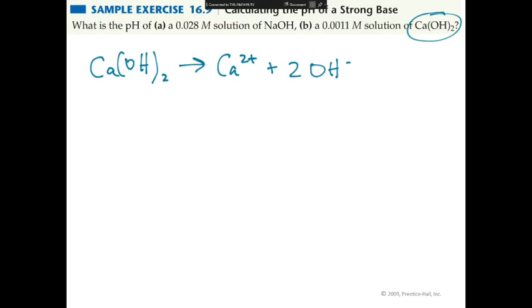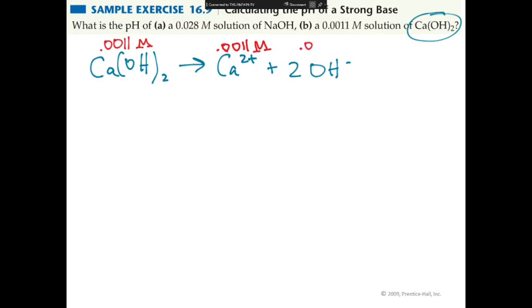All right, so for a group 2 base, calcium hydroxide here, when the calcium hydroxide dissolves, it's a strong base, so it dissolves completely. You get 2 hydroxides for every 1 mole of calcium hydroxide. So if I started off with 0.0011 molar of this, I would get 0.0011 molar of calcium, but I don't care too much about the calcium for this.